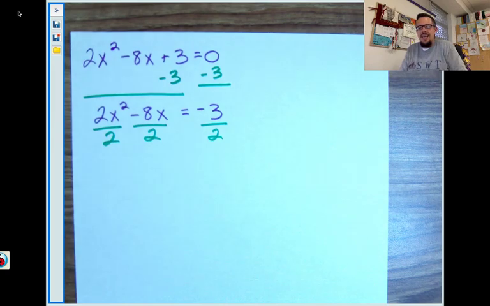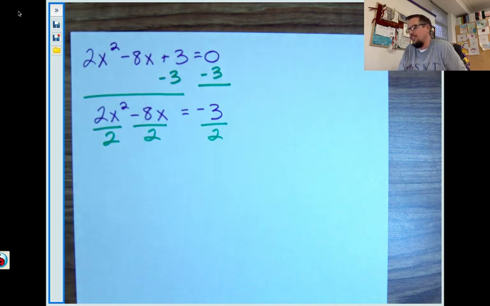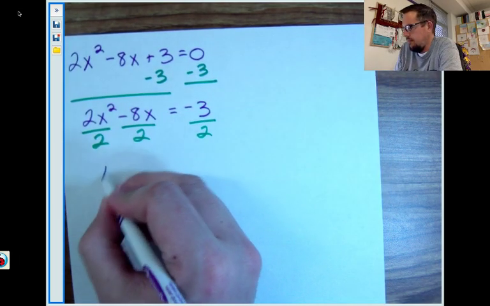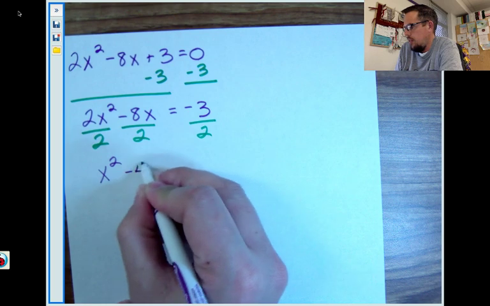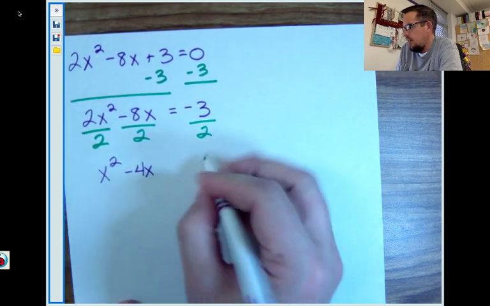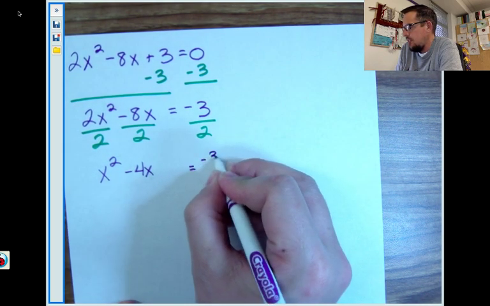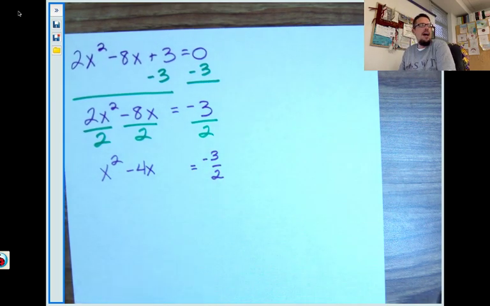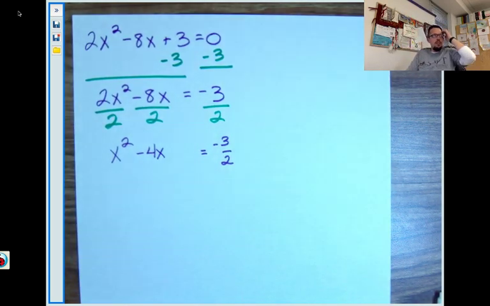Dividing the minus 8x by 2 doesn't hurt my feelings that much. Dividing the negative 3 by 2 hurts my feelings a little bit, but I'll get over it. I'm going to leave my space right here for whatever I'm going to add to complete the square, and then we'll have negative 3 halves on the other side. It's a fraction, but it's all right. Fractions never hurt anybody, as far as I know.